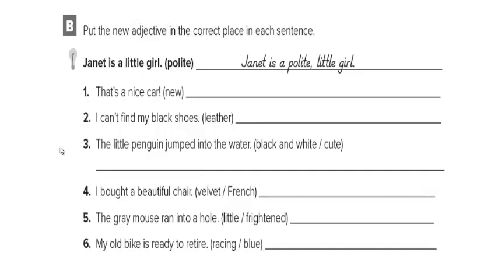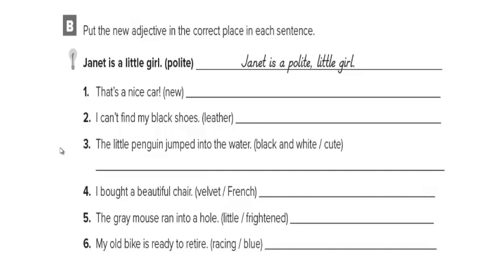The little penguin jumped into the water. We need to add two adjectives here, black and white, and then cute. The cute little black and white penguin jumped into the water.